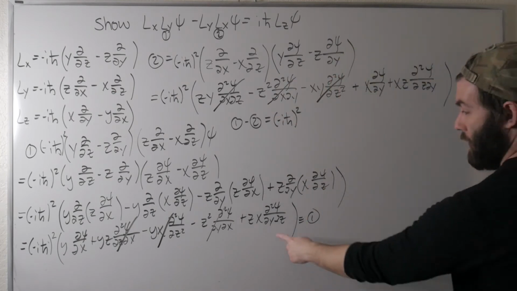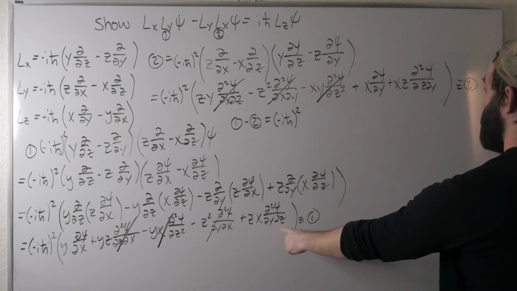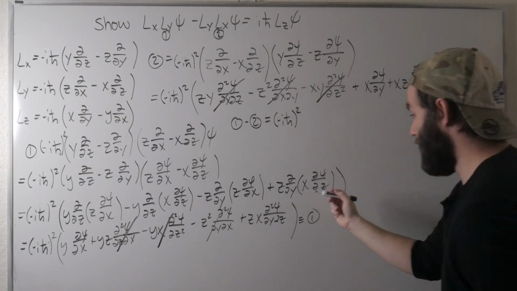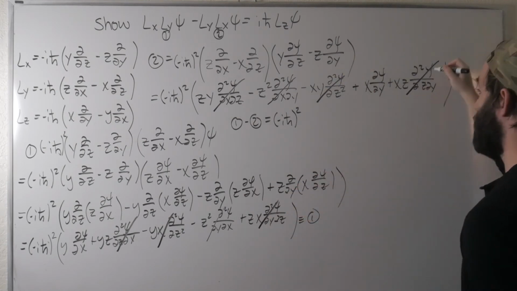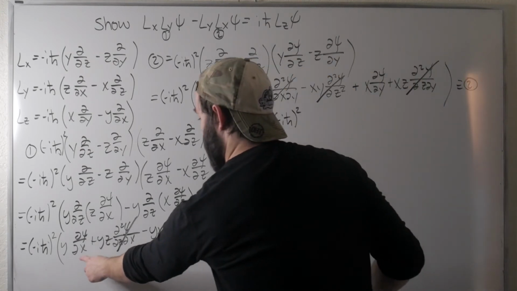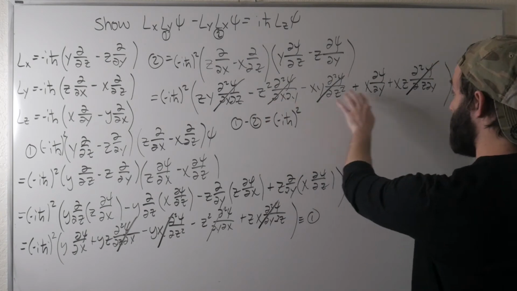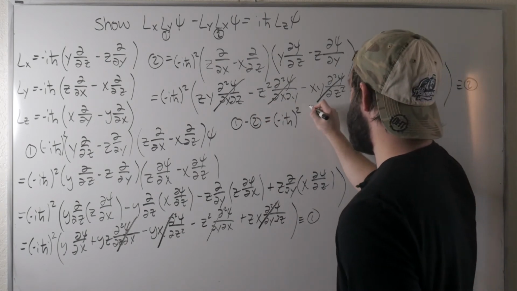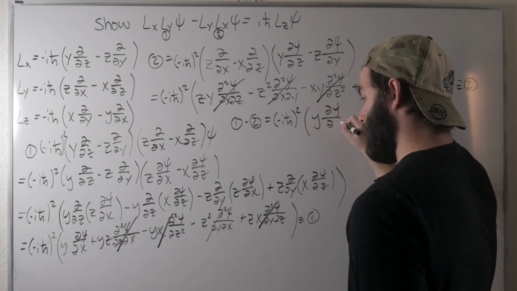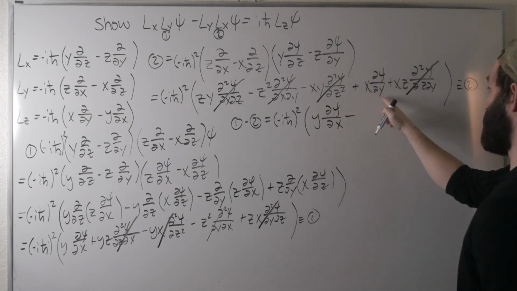And finally, zx dy dz, and we have a zx dy dz, same sign, so they cancel. So we don't have to write too much, actually. We have a y dψ/dx that has nothing to cancel with here, so that survives. Minus this x dψ/dy.